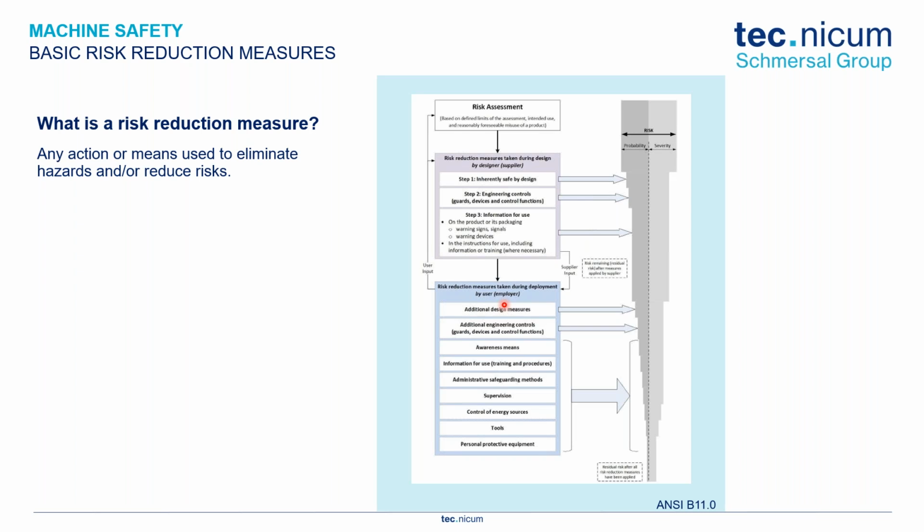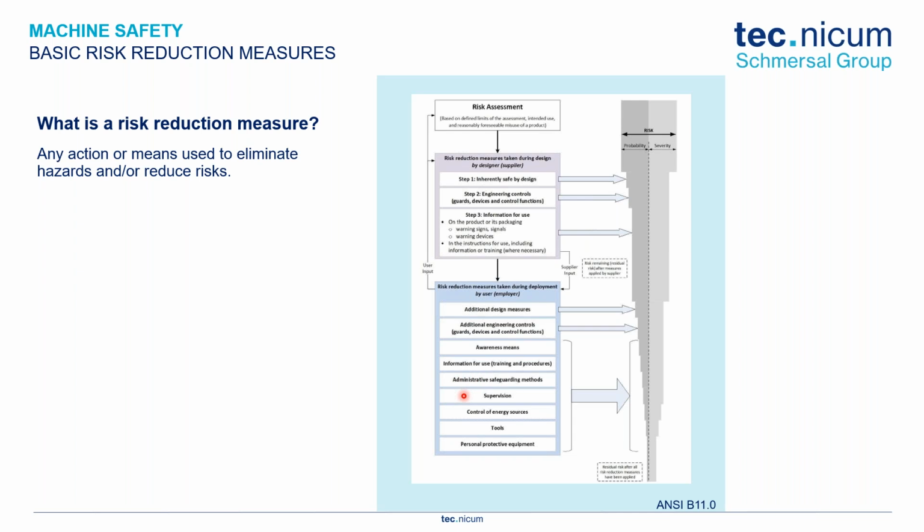So as the end user, ANSI 11.0 also gives some guidance on what you may implement to help reduce some risks. For the end user, it looks at some additional design measures, some additional engineering controls, so aftermarket interlocks, additional guarding that you may need to add, some awareness means, information for use, for example, trainings and procedures, relying on administrative safeguarding methods, supervision.